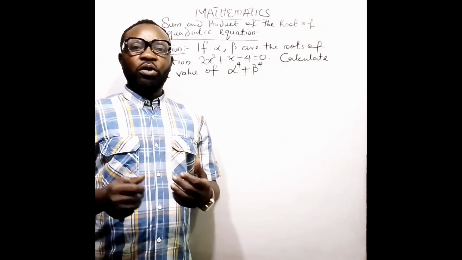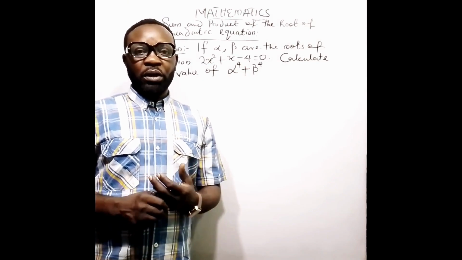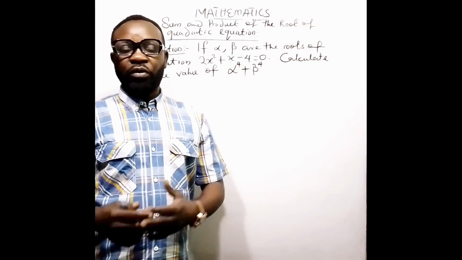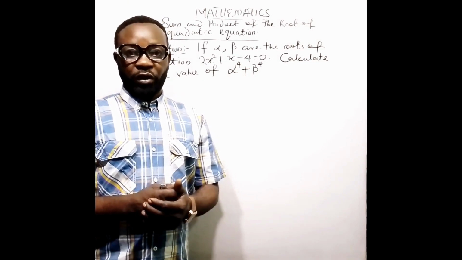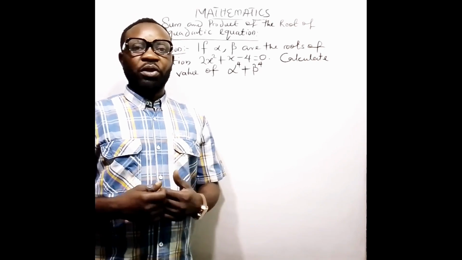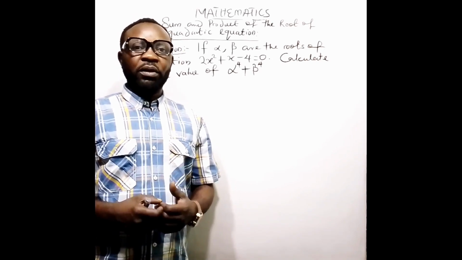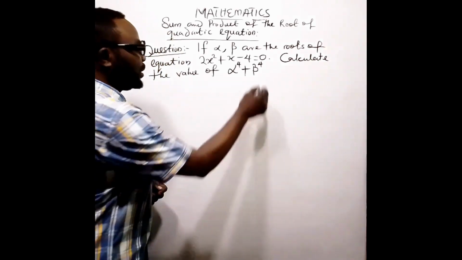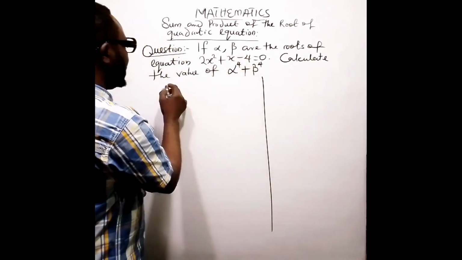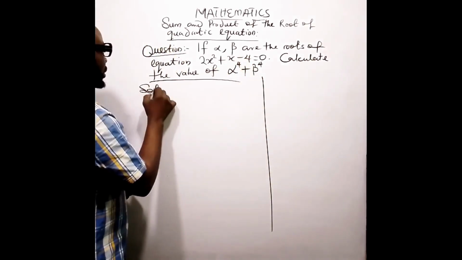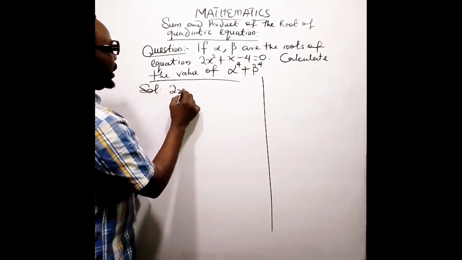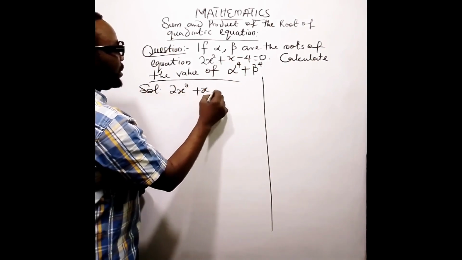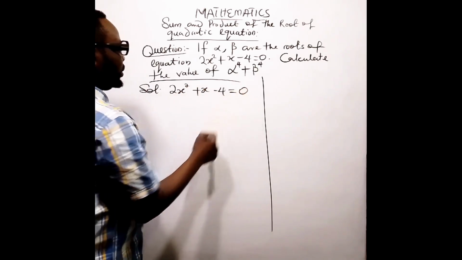Now, we ought to have gotten an idea about the sum and product of the roots, the values we normally use to get for them. If I want to approach the question by hand, I will start by writing this equation again. Solution: I have 2x squared plus x minus 4 equal to 0.